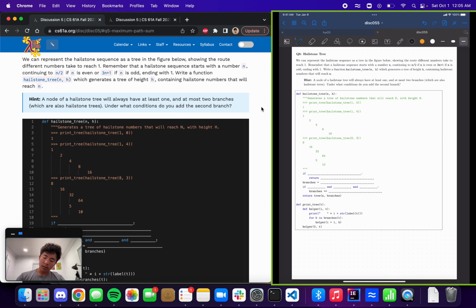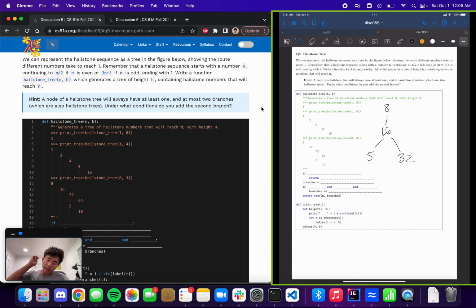Another example that might be less straightforward is 8. So this example right there. 8 can go to 16, but then, as you can see here, it branches into 2 different things. So 5 and 32. The question that you should be wondering right here is, how did it branch into 2 parts?